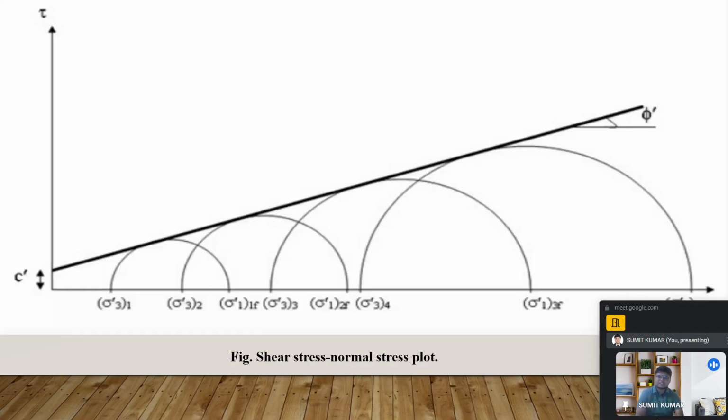And here another representation of the same is shown for you. Over there you can see that first sigma 3 dash 1 is known to you, and for that sigma 1 has been found.